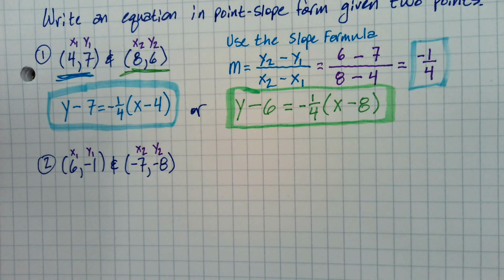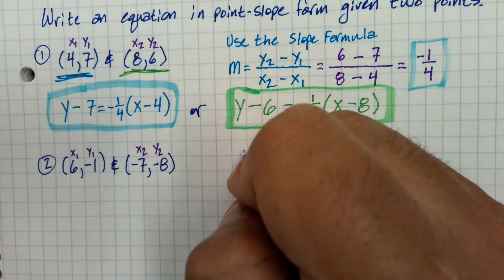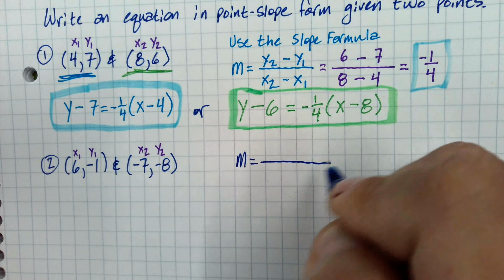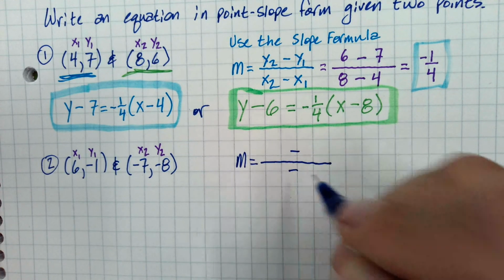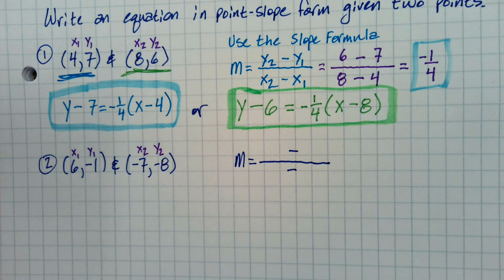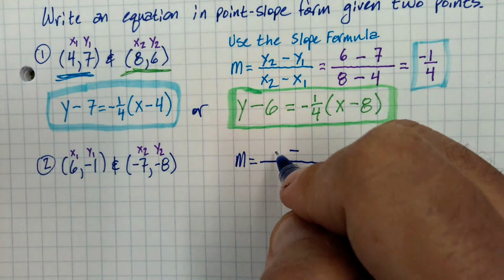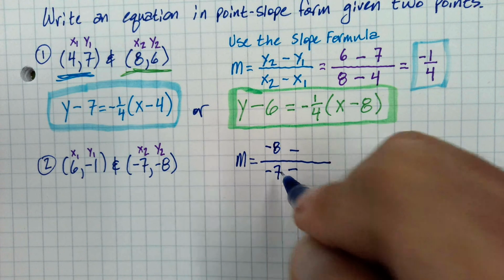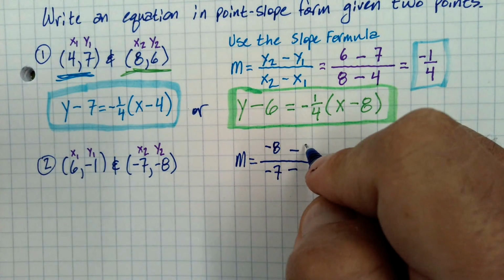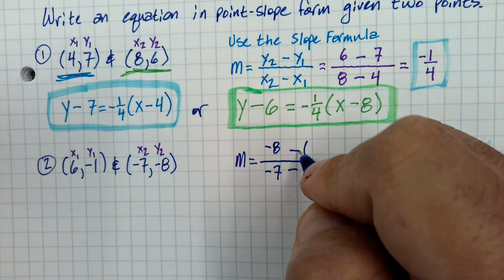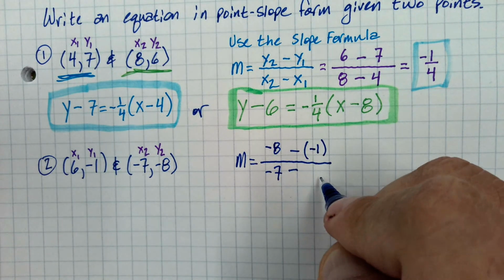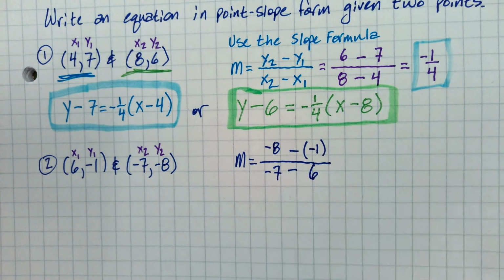And we're finding the slope. We're not going to rewrite the formula, we're just going to use it. So this would be negative 8, negative 7. I'm going to use parentheses since I don't want to confuse it with a subtraction, because I want negative 1 and 6.